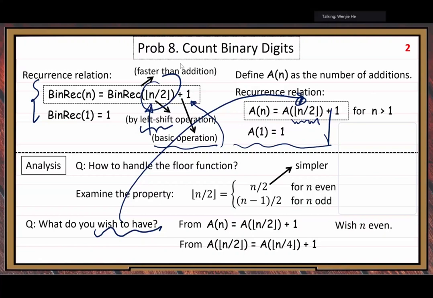We want to eliminate it, so you can make more assumptions. With this assumption, we wish n/2 to be even. When n/2 is even, there is no rounding at the right-hand side floor function representation, right? We can make our wishes because we want to consider the best case scenario.